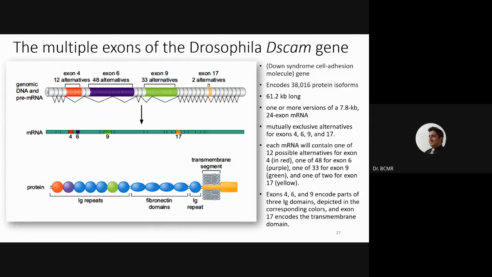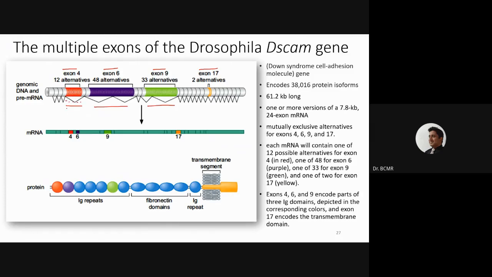So there is also one more thing. If you remember, we have discussed VDJ recombination, where there are several V exons, several D exons, and so on. Meaning that you have exon 4. In this case, there is exon 4, exon 6, exon 9, and exon 17, and each of them again have alternatives.